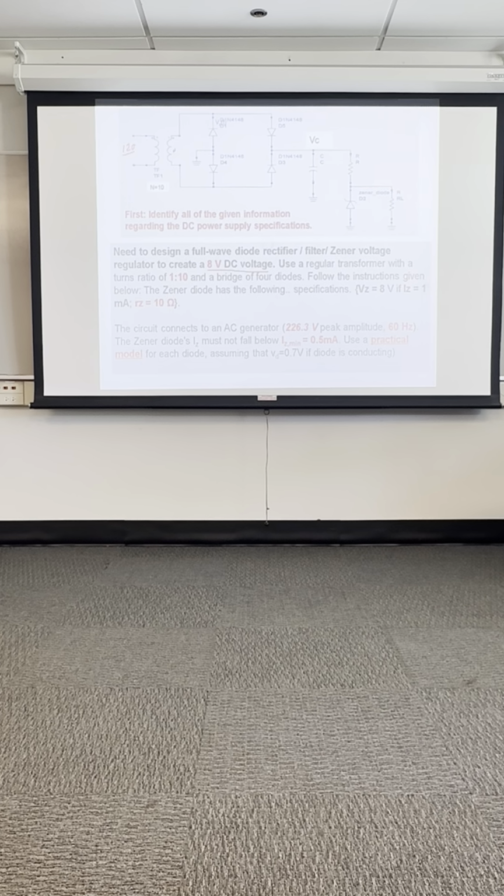However, at the bottom here, it says the peak amplitude of this AC generator is actually 226.3 volts. If you multiply that by 2, that's a very large AC voltage present on the source there, which is a really dangerous level of AC.